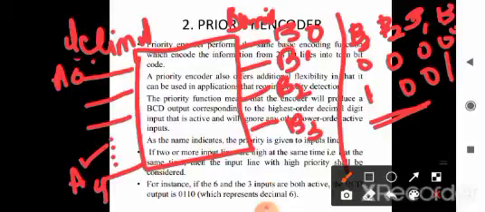The priority encoder gives more priority to a specific input. That input will be the highest, the most significant bit.